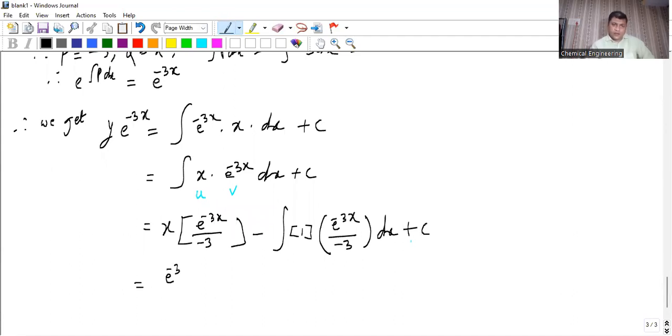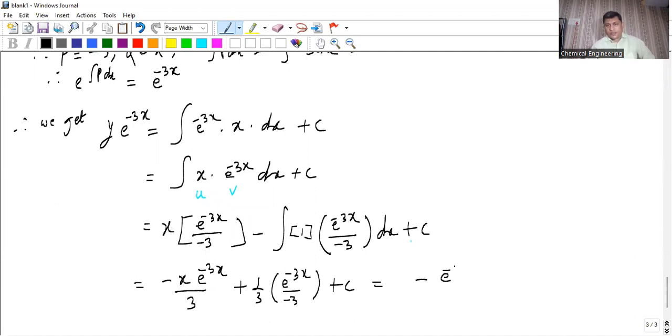This is minus x e raised to -3x by 3, minus and minus will become plus, so we'll have 1 by 3 and again the integration of e raised to -3x by -3. We can simplify this as minus x e raised to -3x by 3 minus e raised to -3x by 9.